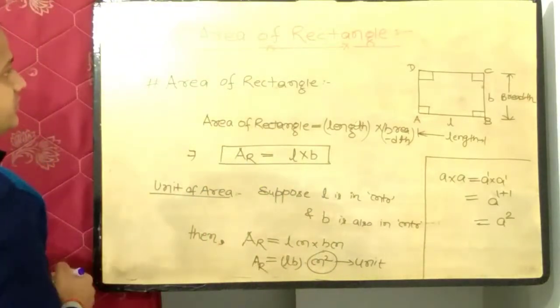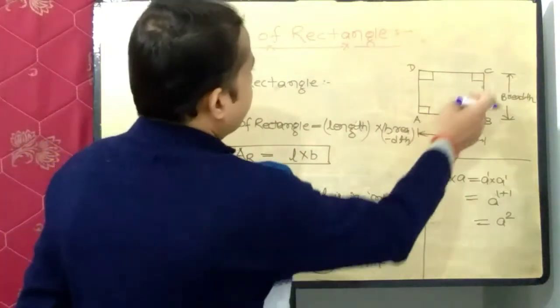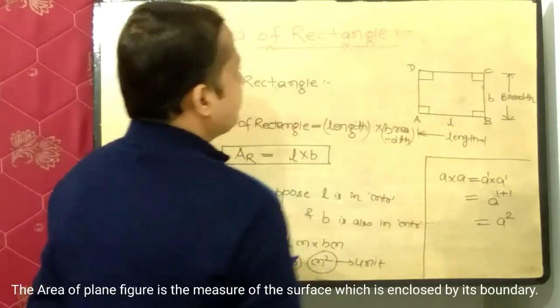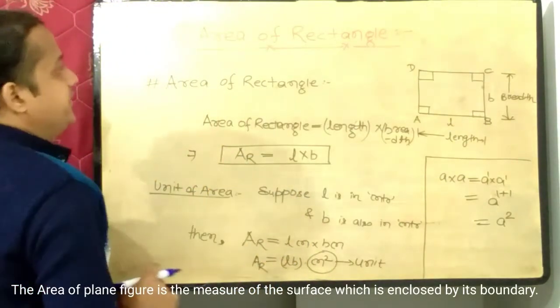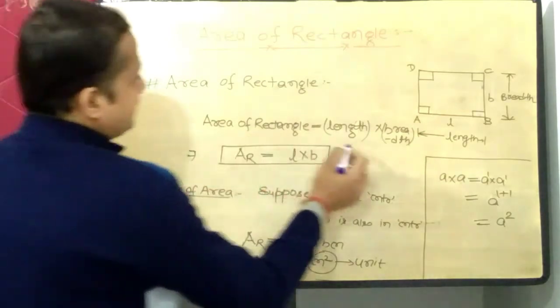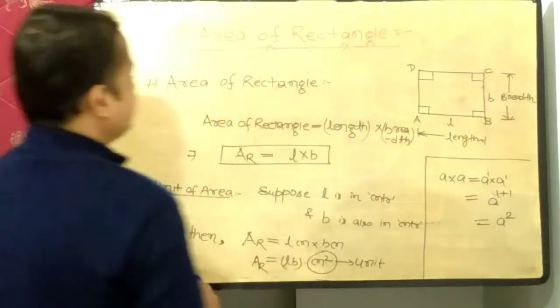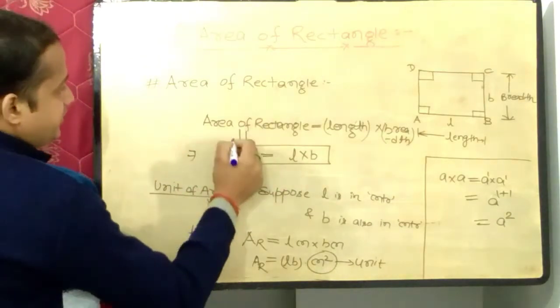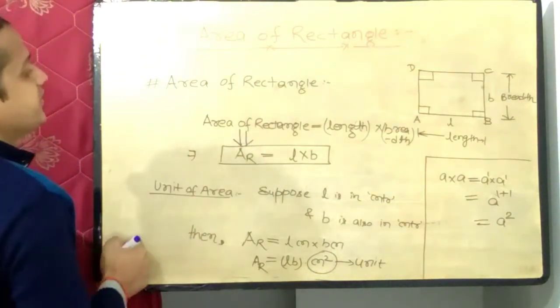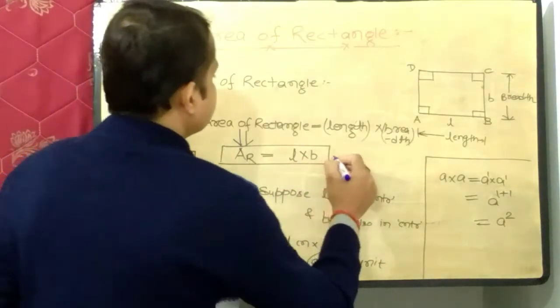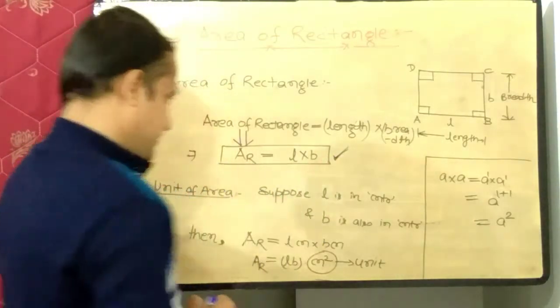The area of a rectangle is the surface acquired by this closed figure in the plane. Area of rectangle equals length multiplied by breadth. Suppose we denote the area of the rectangle by AR, then AR equals L multiplied by B. This is the area of the rectangle.